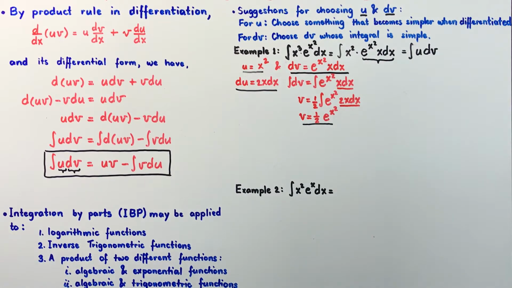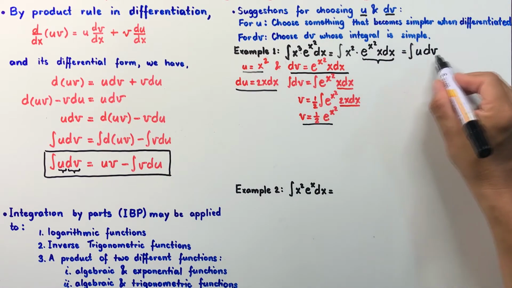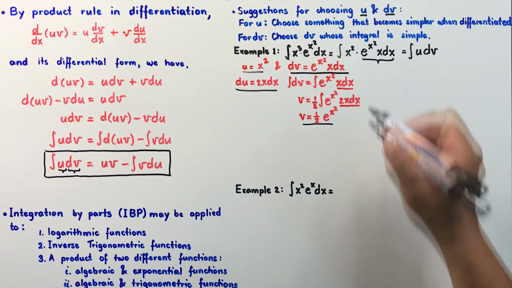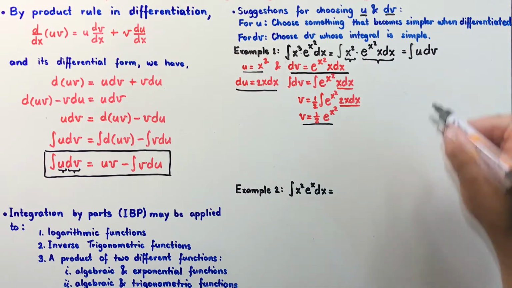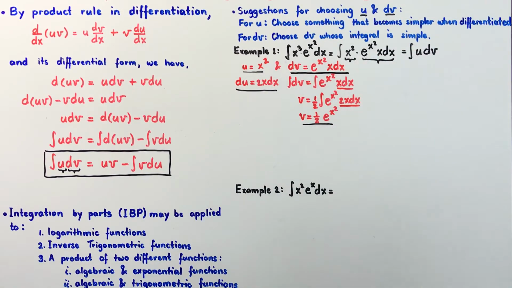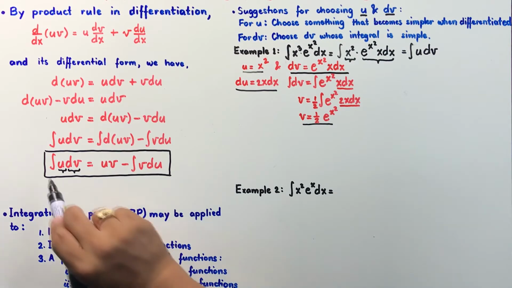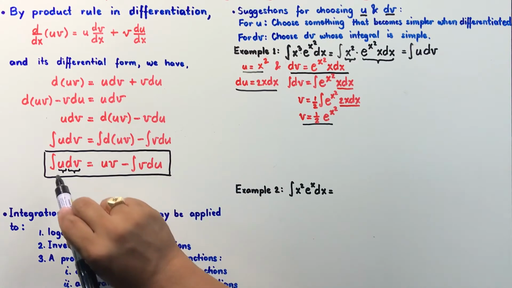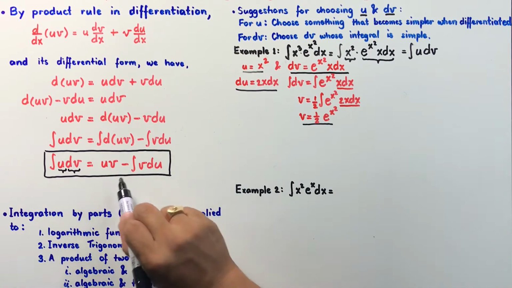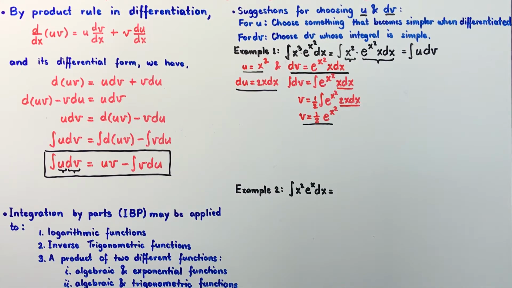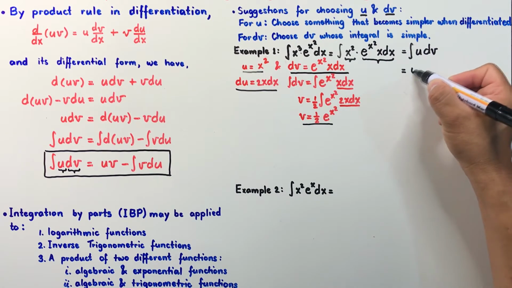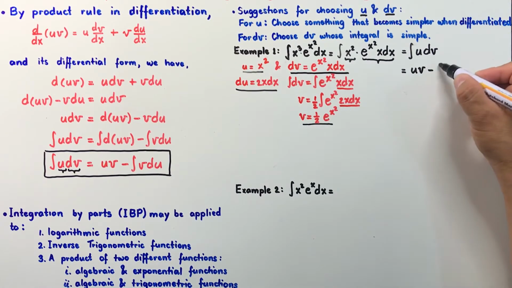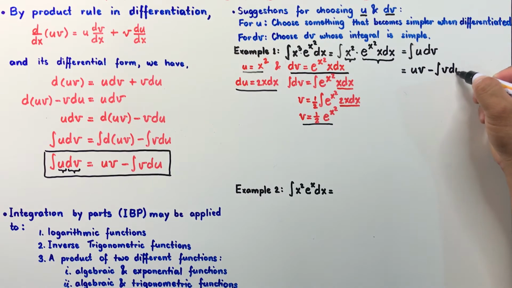So my integrand is being transformed to u dv form, wherein the u is my x squared and my dv is the e to the power x squared x dx. And according to the formula here, the integral of u dv is uv minus the integral of v du.